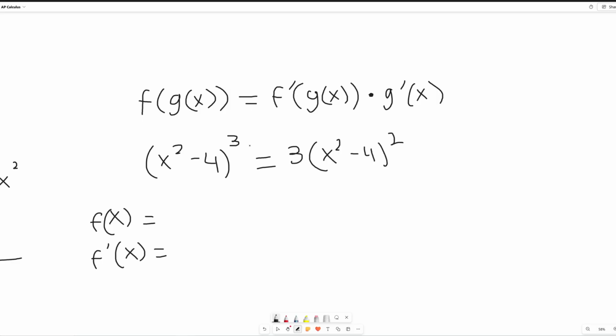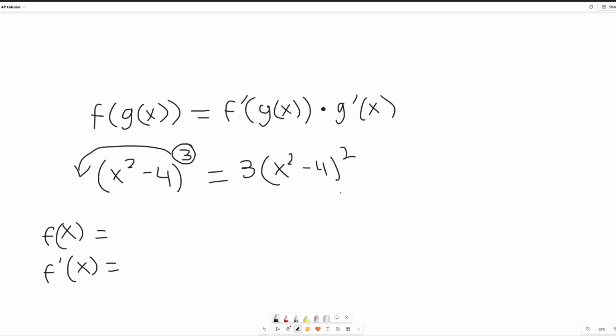That's this part. All we did is we did the power rule. We brought the 3 down, minus 1. And now we have to times it by the inside function, which is x squared minus 4. We know the derivative of x squared is 2x, and the derivative of a constant is 0, so g prime of x, which is our inside function here, is just 2x. And this is a final complete answer.